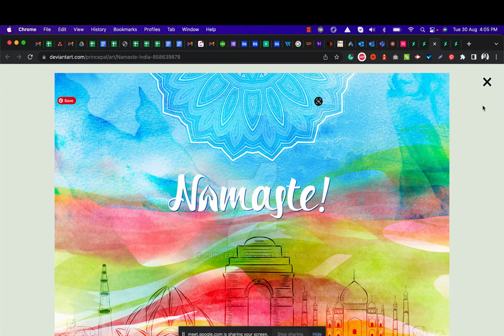Then I have this one. This digital printing I created like 1.5 years ago, and how I designed the namaste in an A shape. A namaste form, right? Design.